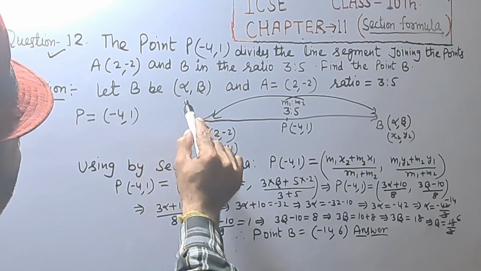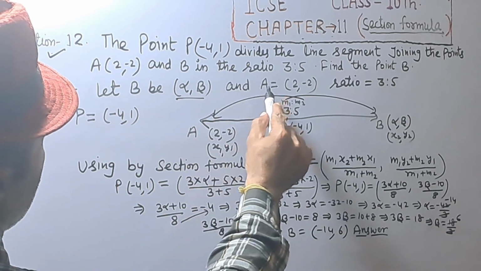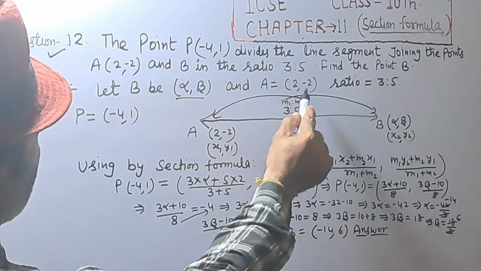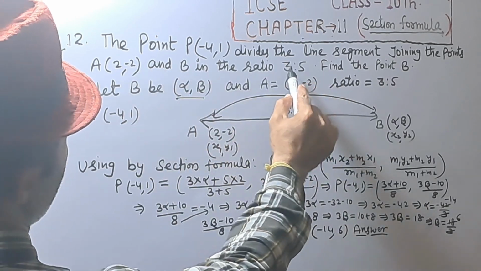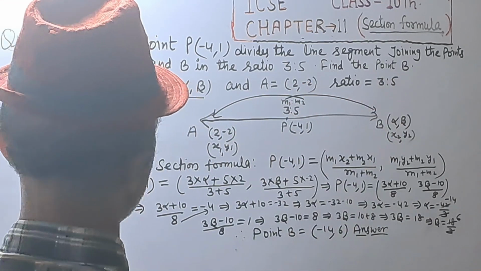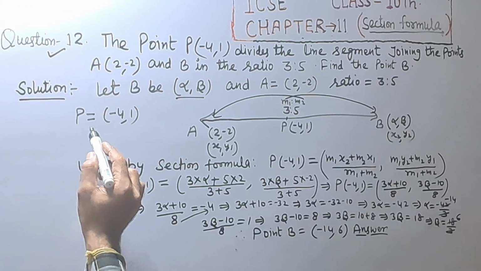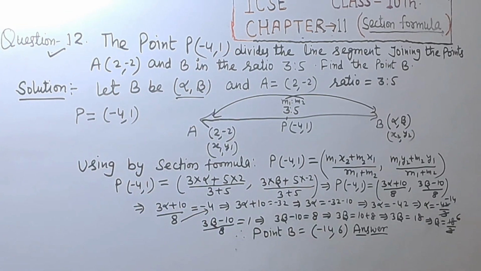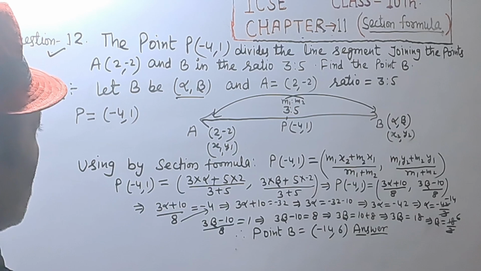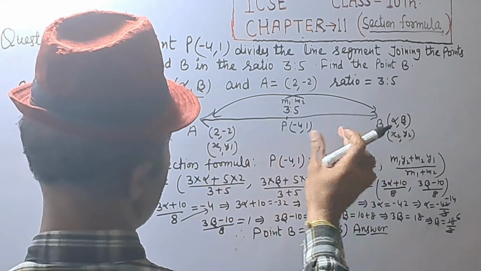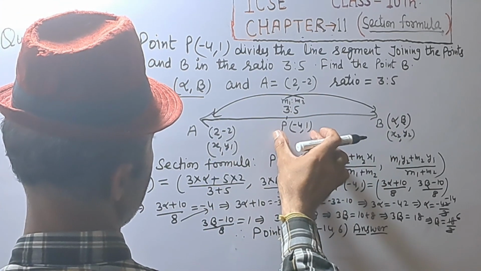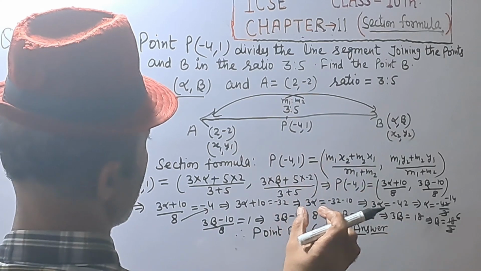Let B be (alpha, beta), and A is equal to (2, -2), ratio is equal to 3:5, and point P is given (-4, 1). Draw a line AB. P is the dividing point of AB and the ratio is 3:5.